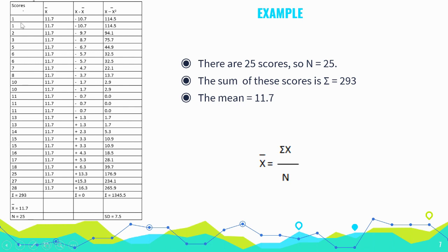When I add all of these scores up, the sum of X, it's 293. There are 25 scores, okay? So when I divide 293 by 25, the answer is 11.7.